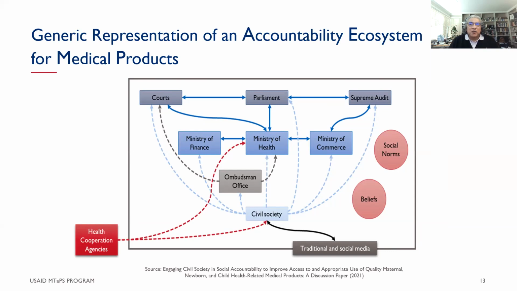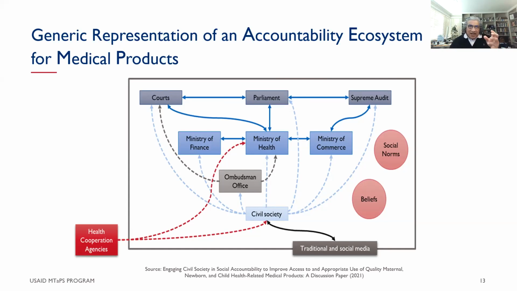Those countries that have the Ombudsman Office or the Human Rights Defender role, they play a very important role as well. And in addition to this formal process, we have the social norms in the countries, we have the belief system in the countries, and we have the traditional mass media, but also social media.